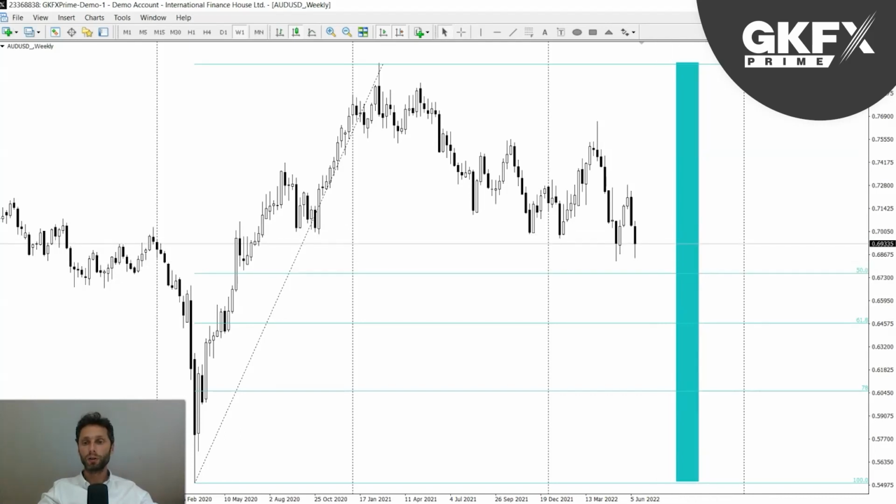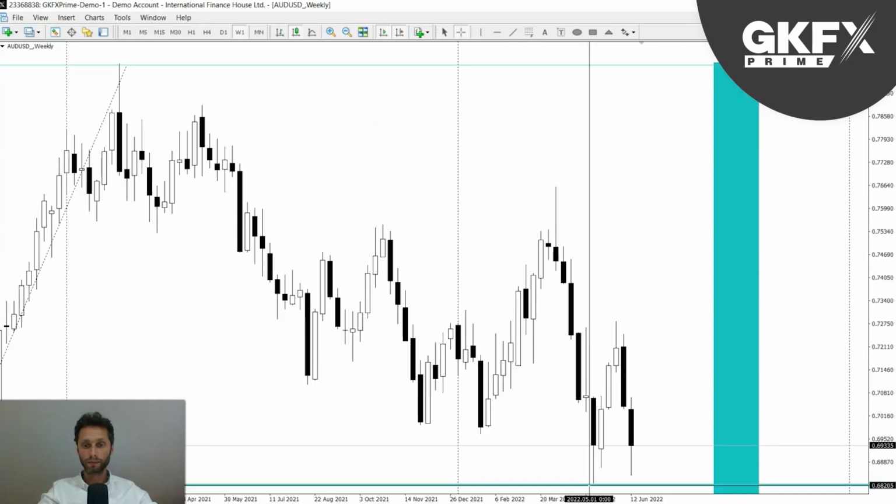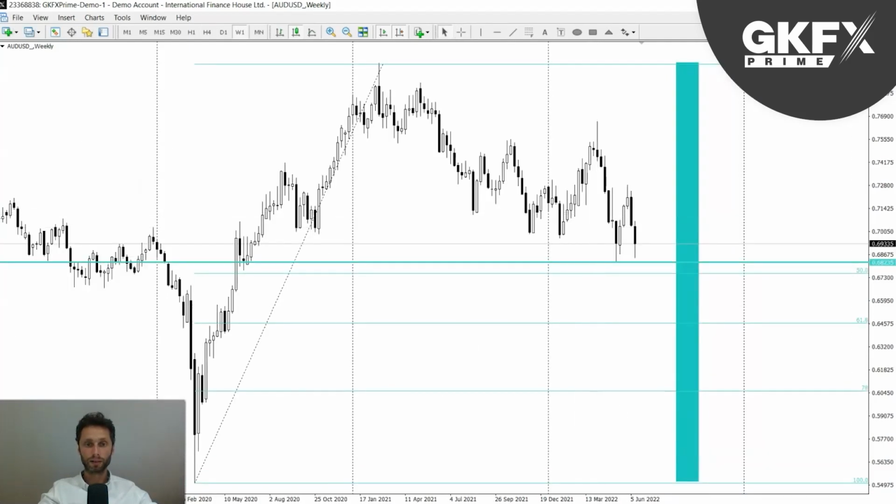So we are looking at an expensive area. Now that the week has closed weak, I'm looking at this swing right here as the next target. And after that, obviously I'll have the 50% and possibly the 61.8. So that's quite a way away. So now I've got that nice distance.